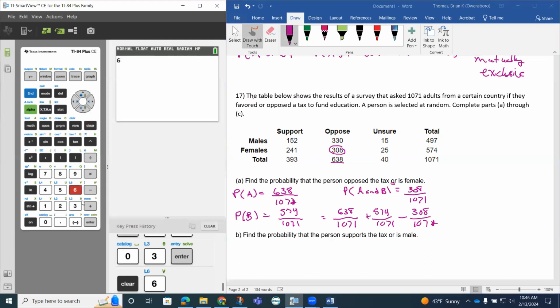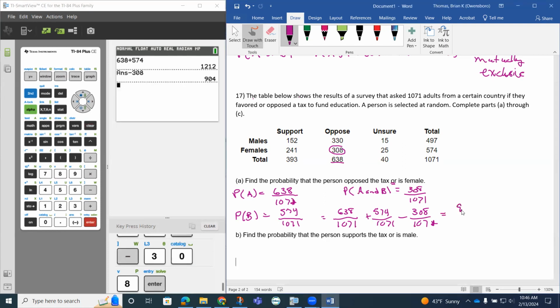If we go 638, add the 574, and then remove what's in common, subtract the 308, we end up with 904 out of 1,071.